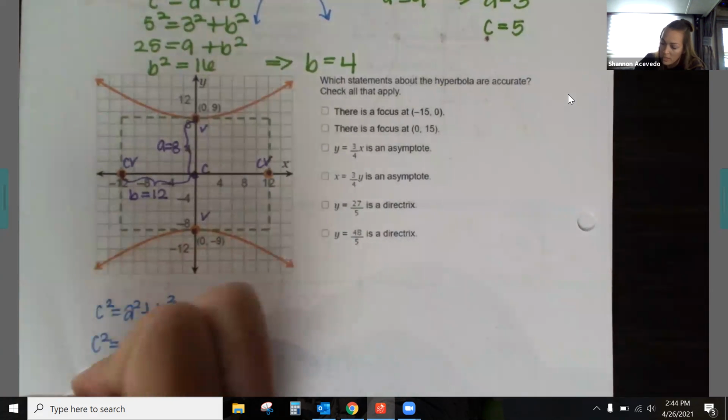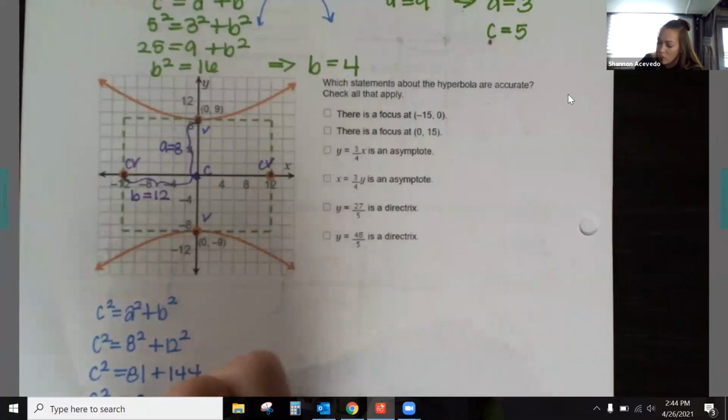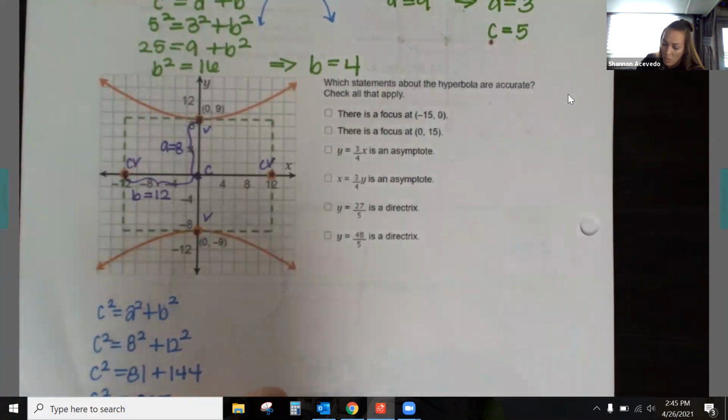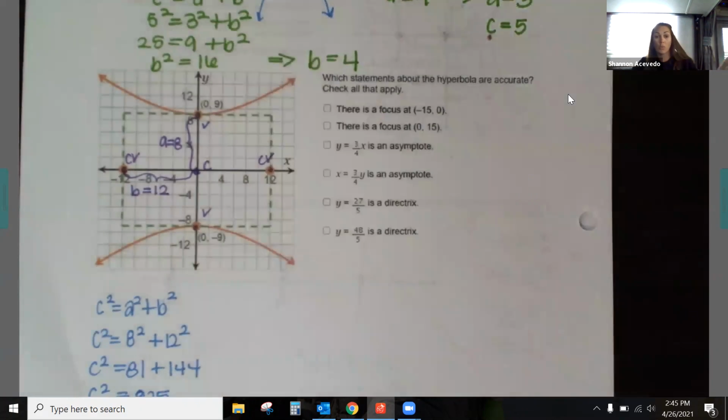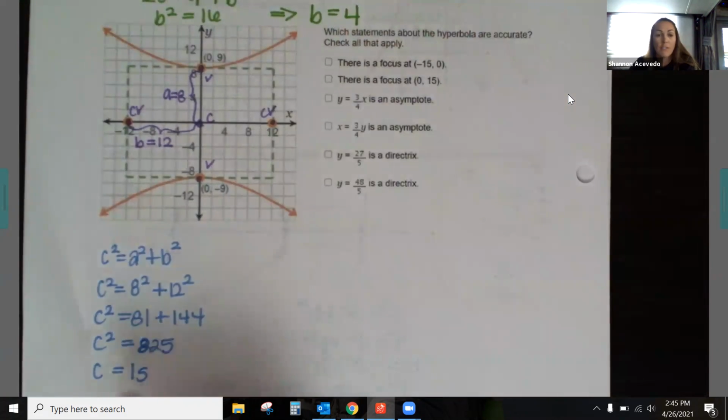So C squared is going to be 81 plus 144. C squared is going to be 81 plus 144, which is 225. So C is going to equal 15. So I have my C value is 15.